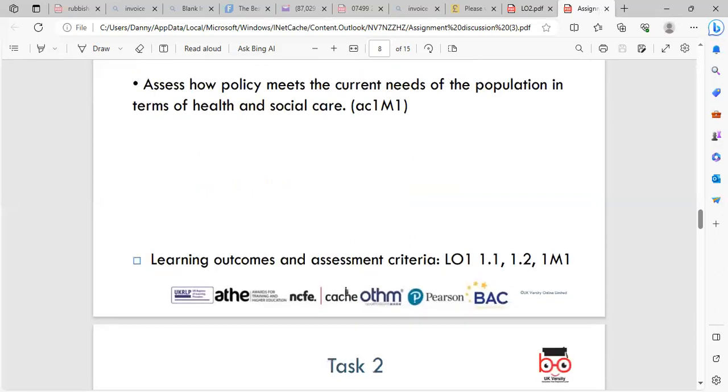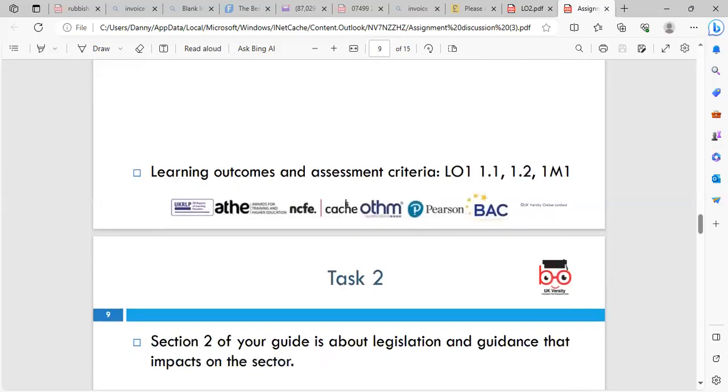All right. So that's learning outcomes and assessment criteria LO1, 1.1, 1.2, and 1M1, and that is for task 1. So we have to now look into task 2.